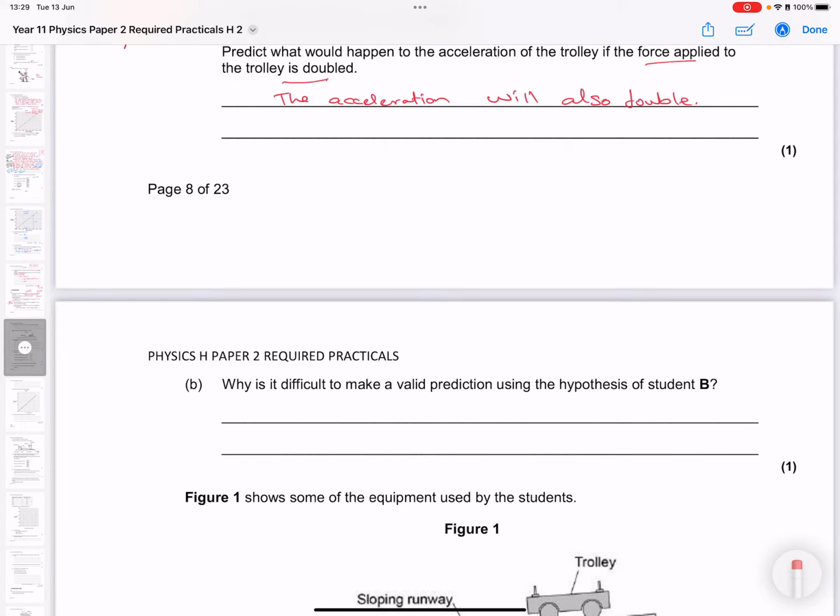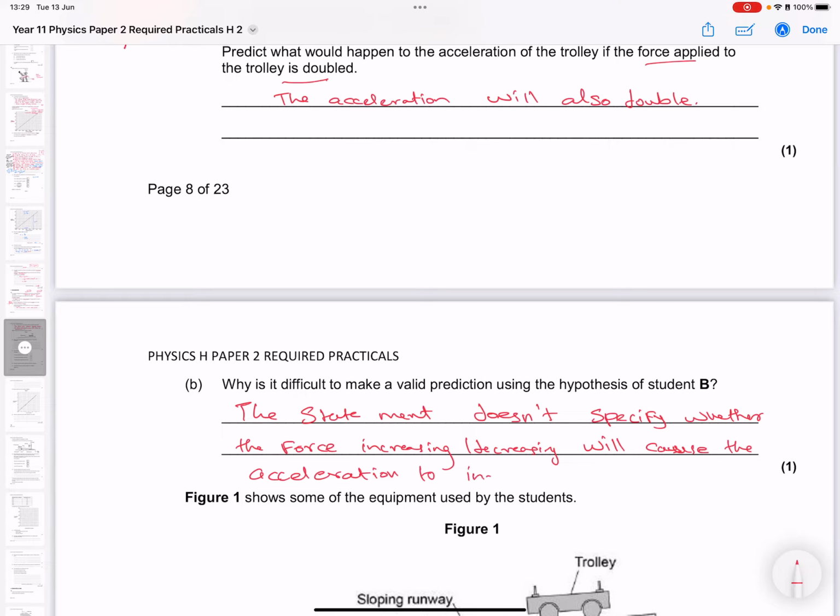So the statement does not specify whether the force increasing or decreasing will cause the acceleration to increase or decrease.